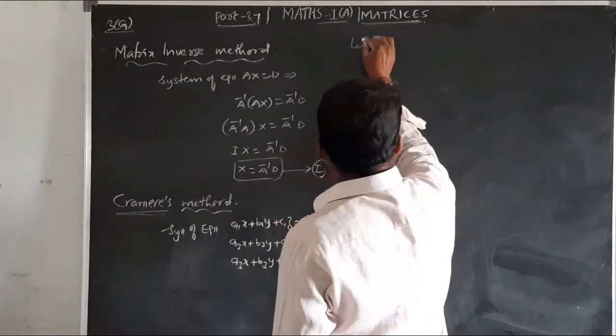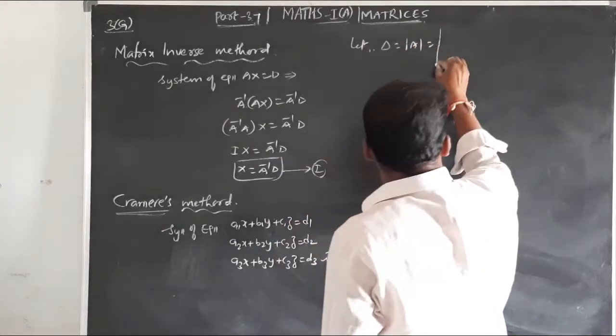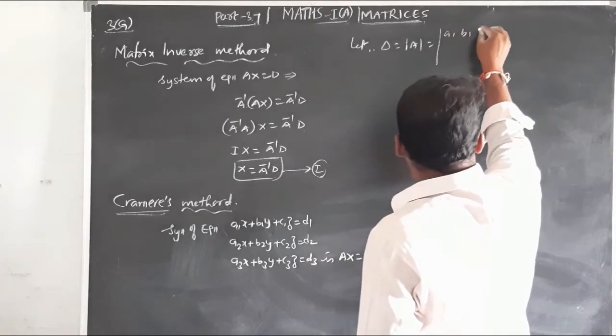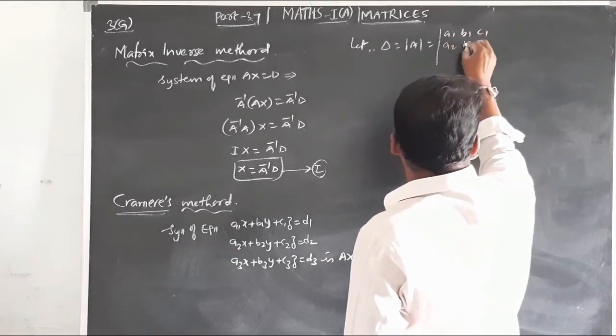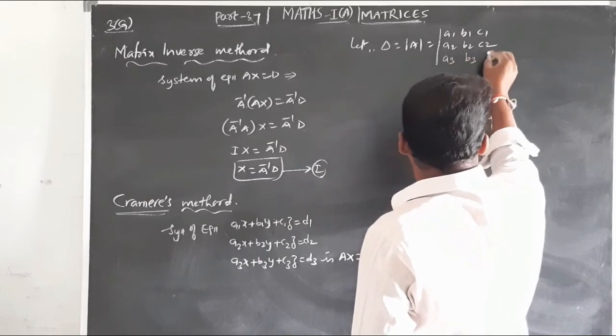Let delta mean det A, which is the determinant with rows a1 b1 c1, a2 b2 c2, a3 b3 c3.